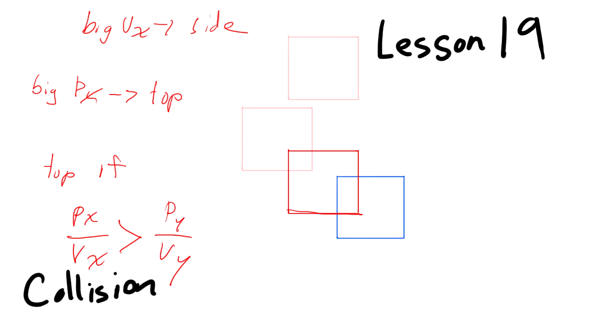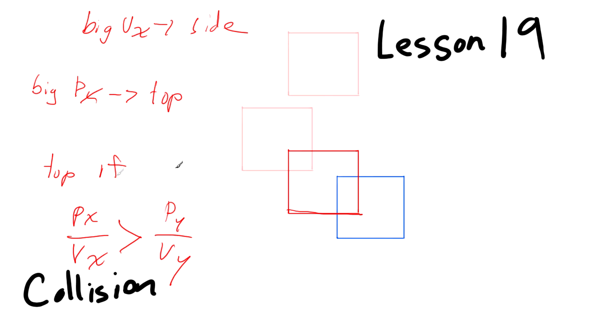Let's say we're moving only vertically. That means that Vx is 0. So if we're just moving vertical, we're sliding this guy down here. Bam. Obviously, we're colliding with the top. If you're only moving vertical, there's no way you're going to hit the side of anything.